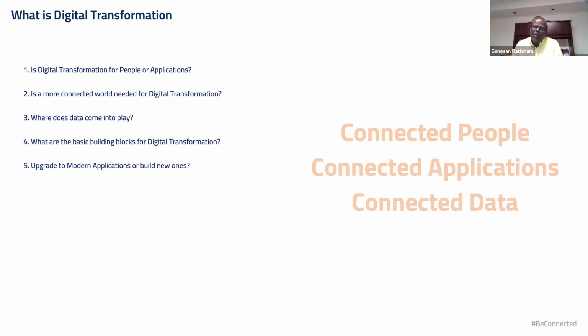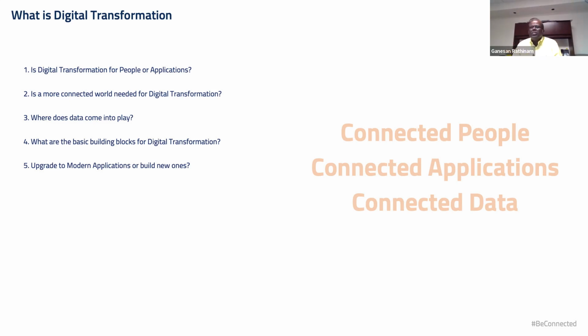One of the things I felt is the core of digital transformation is to connect better, bring things together in a better fashion. In an industry or a business, we are dealing with people, processes, applications, and data. If these are all better connected, we have done a good job doing a digital transformation.